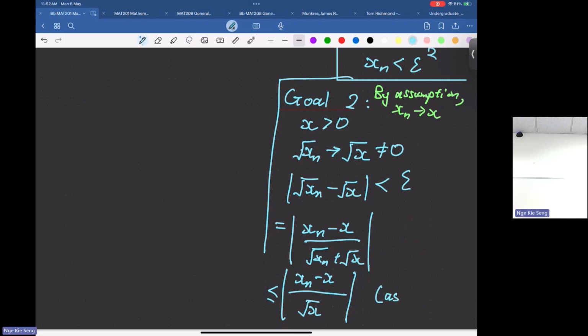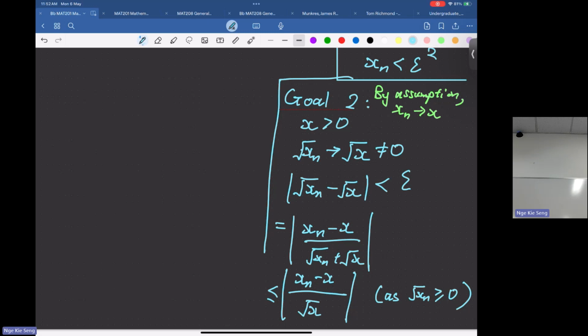The square root of x is greater than 0. Imagine if I add more positive stuff here, this quotient becomes smaller. 2 over 3 versus 2 over 5 versus 2 over 6, which one is smaller? This is a trick you need to know in analysis. This is the bound that you could get here.